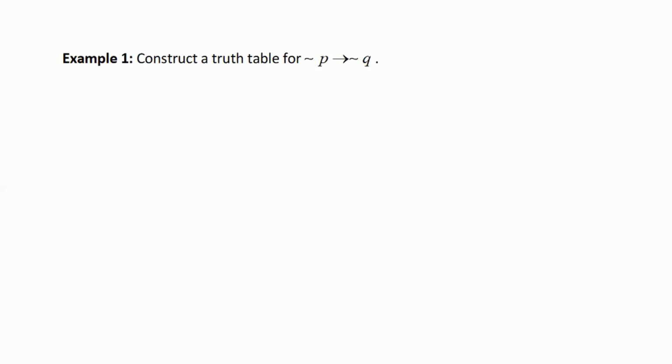So we're asked to construct a truth table for not P implies not Q, also known as if not P, then not Q. So we have two statements, P and Q. So we write in all the possible truth values: true, true, true, false, false, true, false, false.